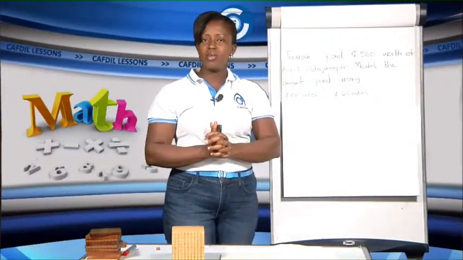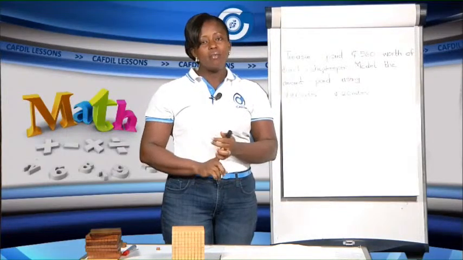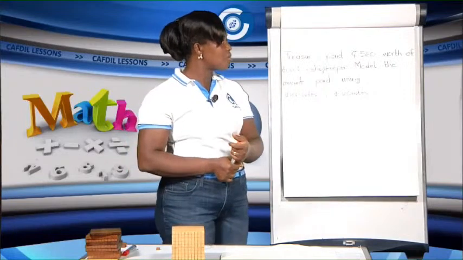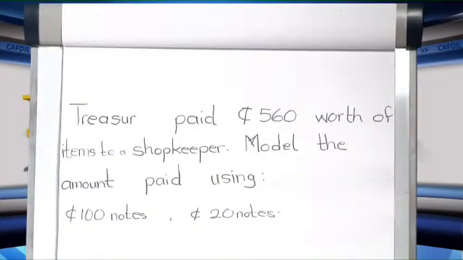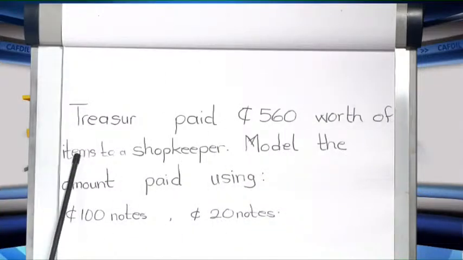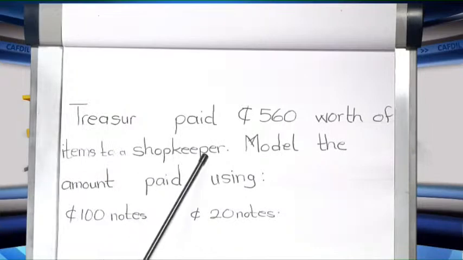Remember, in our objective, we said we're going to model numbers in millions using multi-base materials and then token currency. So I have a question over here. Treasure paid 560 worth of items to a shopkeeper.